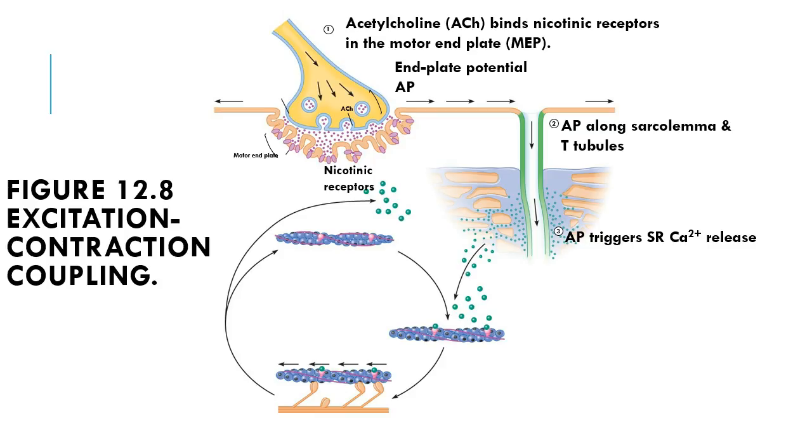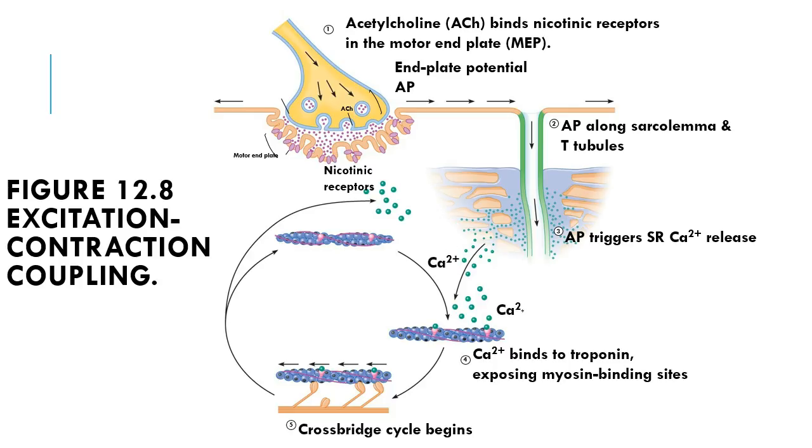And now myosin and actin can bind. Still though, we haven't seen any what? They're just touching, but we still need to do what? Contract. We need to shorten the distance between the Z lines. Those events we'll cover in just a moment, called the cross-bridge cycle.